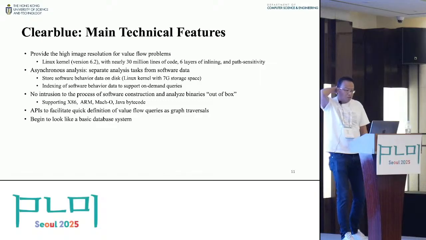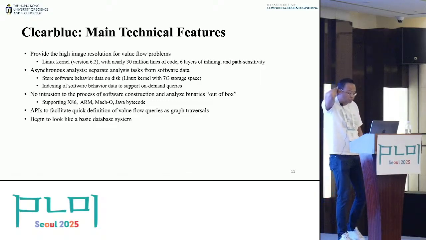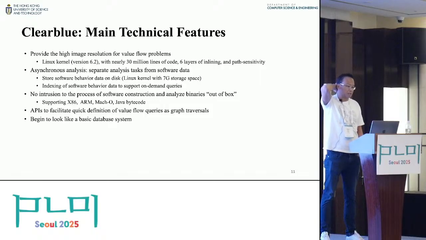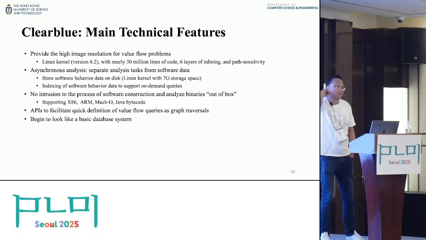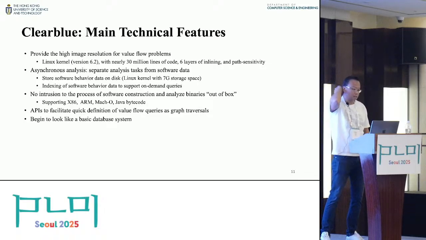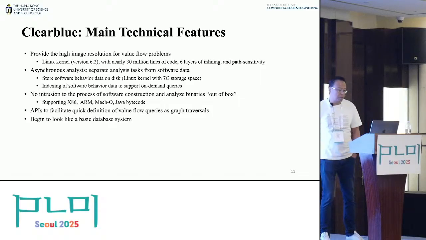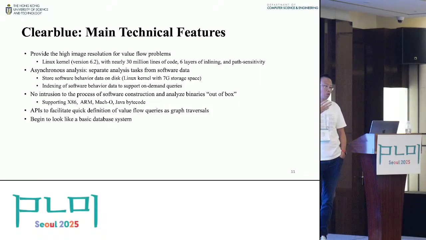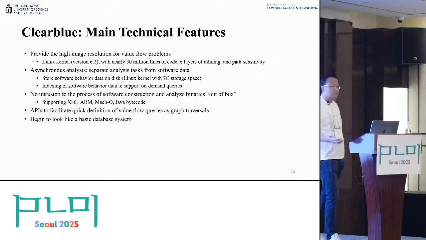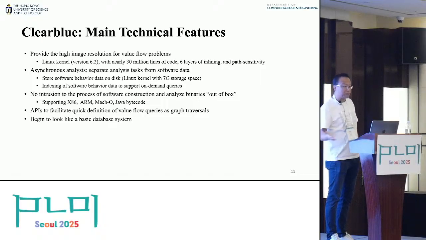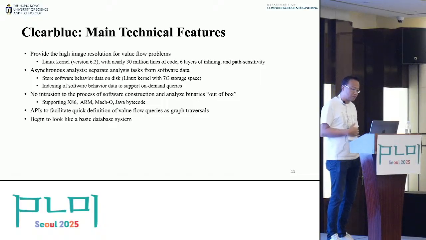The main technical feature of ClearBlue is that we focus on doing value flow analysis. We don't have, for example, a lot of value abstractions. We're not handling things like abstract interpretation; we don't focus on that kind of problem.